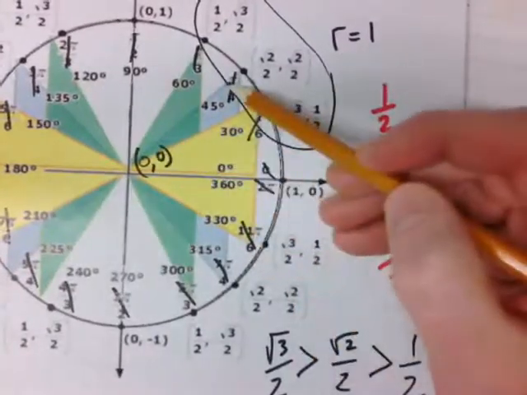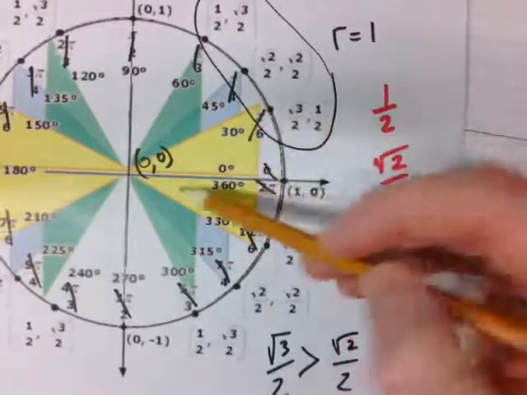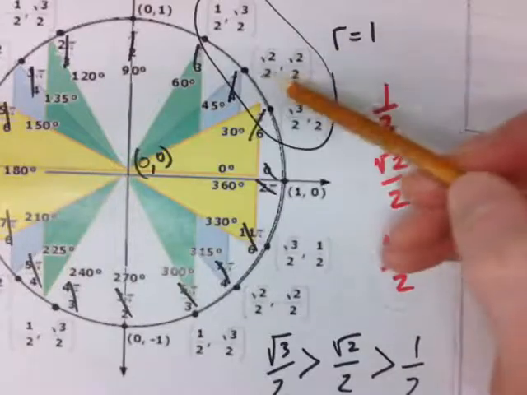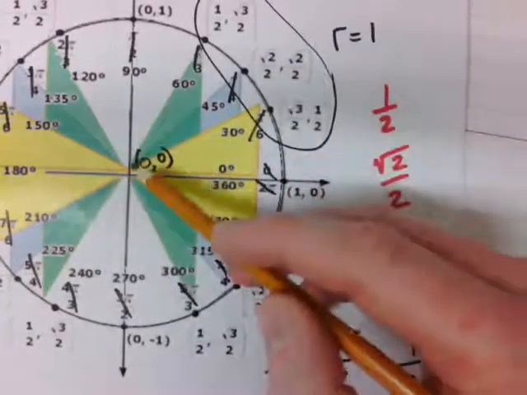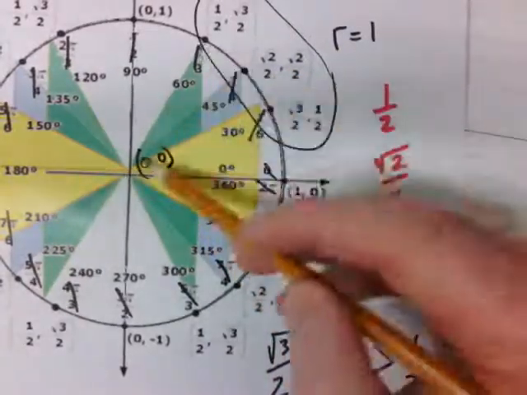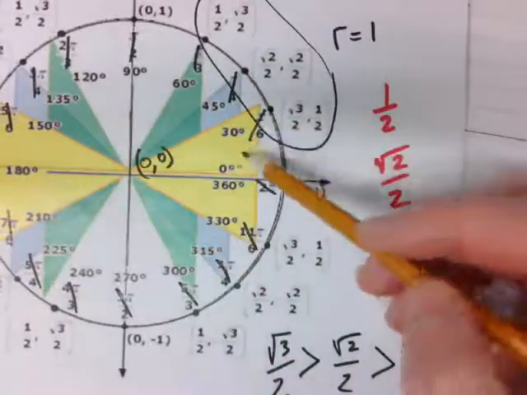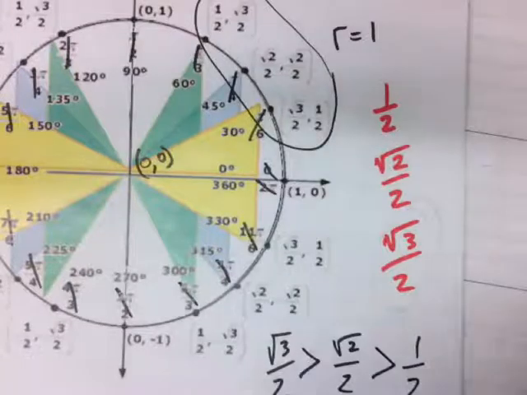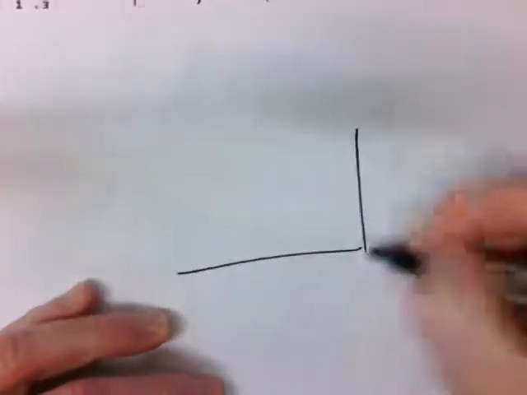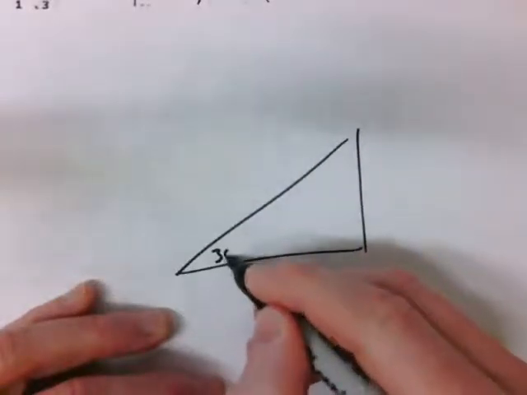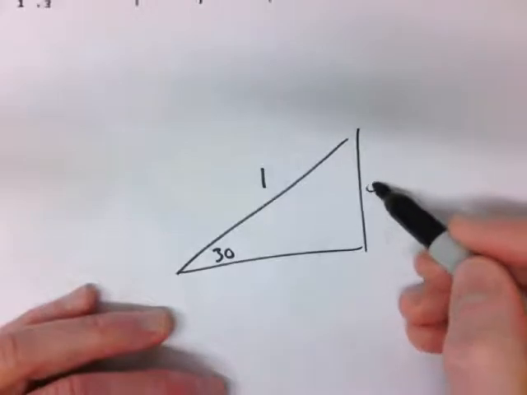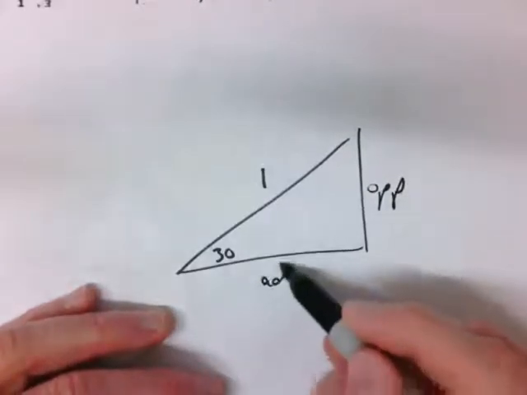At 45 degrees, the y and the x are equal. They're both root 2 over 2. Remember, for each one of these, the radius is 1. The hypotenuse is 1. So if you wanted to solve these, if you're told you have a triangle, say this is 30 degrees, and you're told the hypotenuse is 1, you can solve for this opposite side and for this adjacent side.